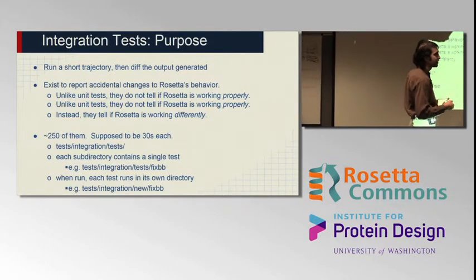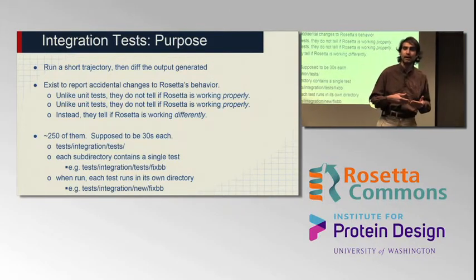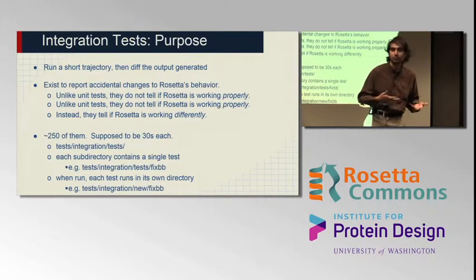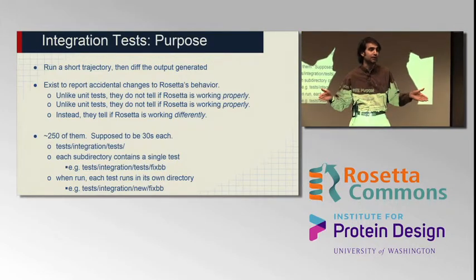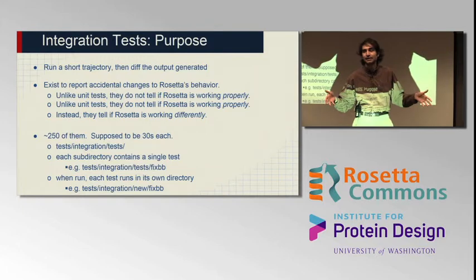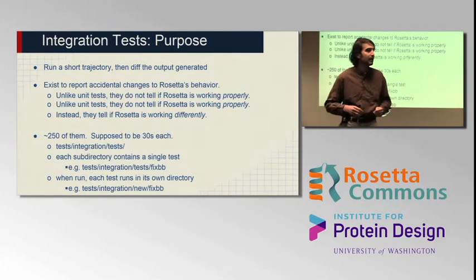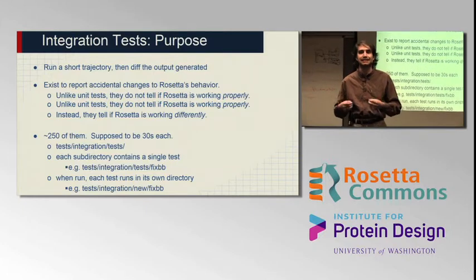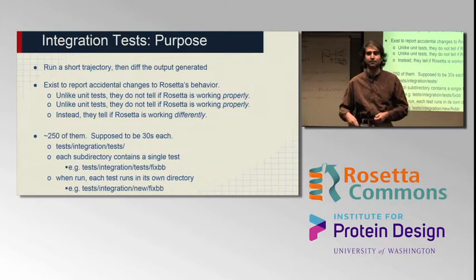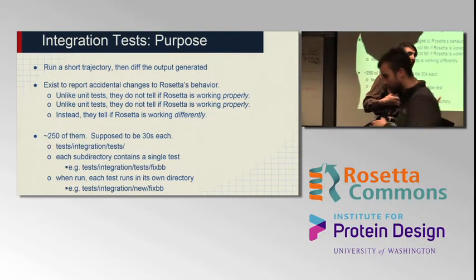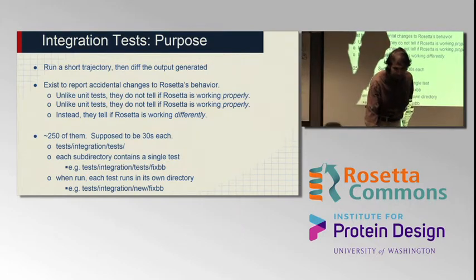It can't ask any questions about whether or not it's giving you the right output, and most likely the trajectory that you've set up for the test is not anything that's scientifically meaningful, so there might not be any particular right output. But we want Rosetta to behave consistently from revision to revision, so there shouldn't be a lot of things changing all the time.